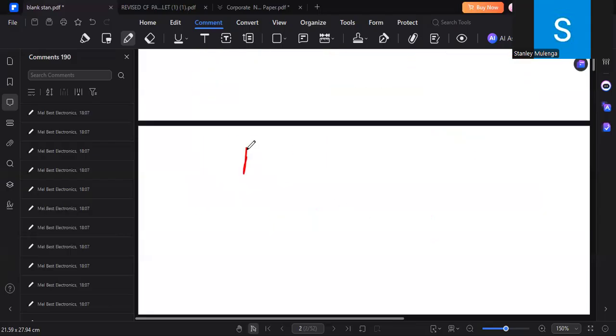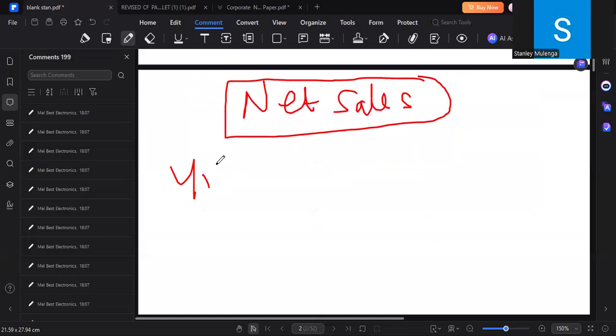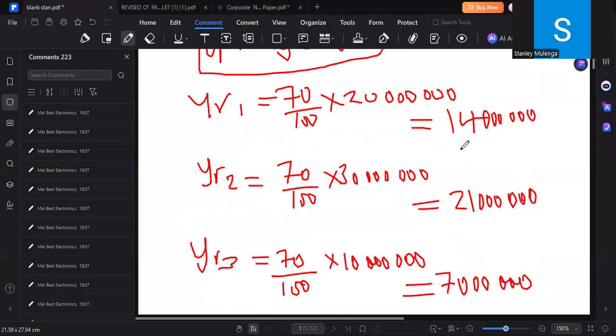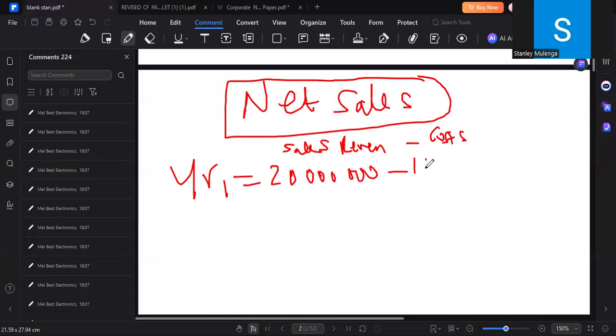So let us now find net sales. So net sales year one will be 20 million minus, so this is sales revenue minus the costs. So the cost for year one is 14 million. So meaning this one will be 6 million.